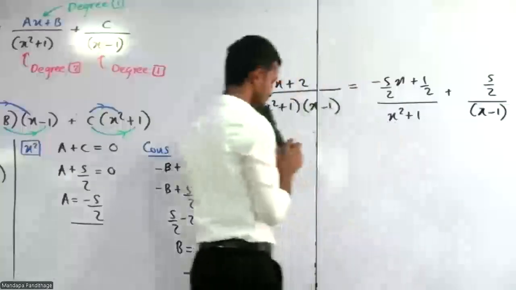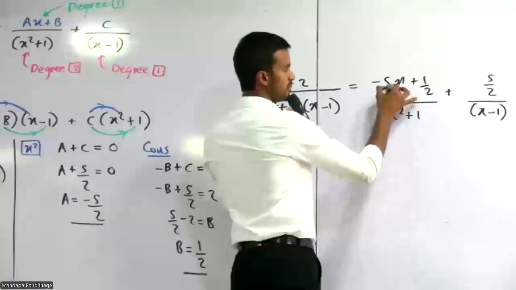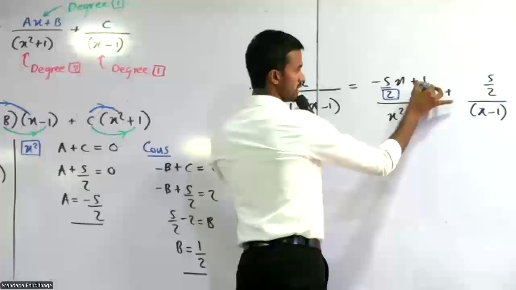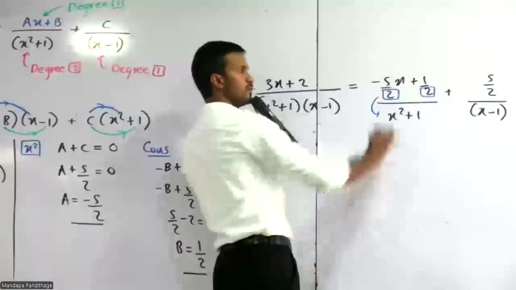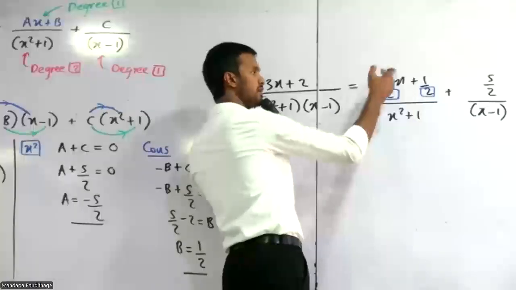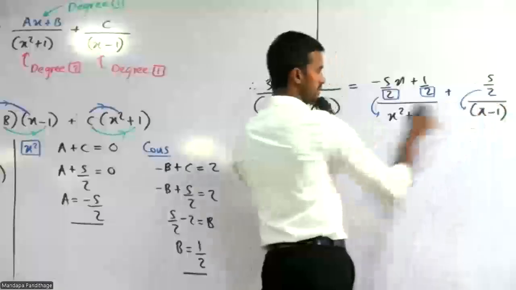What happens here is 2 becomes the common denominator and comes down. When you take a common denominator, minus 5x plus 1 divided by 2, that 2 comes down, and here even 2 comes down.